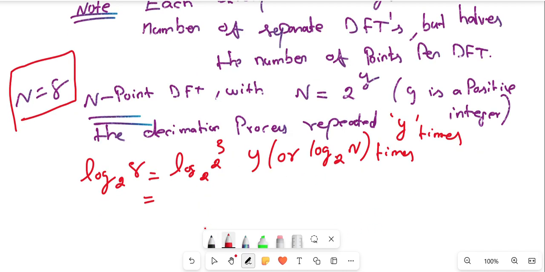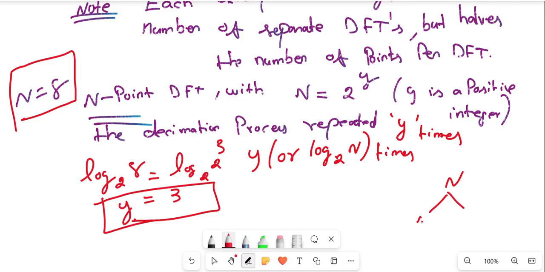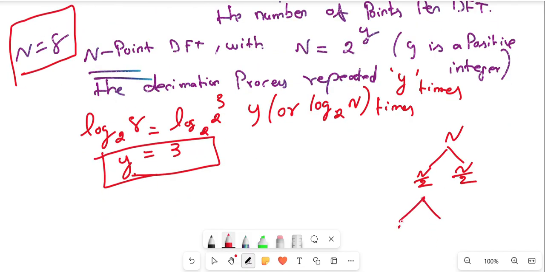So the decomposition is 3 times, 3 stages. N by 2, n by 2; second stage, n by 4, n by 4, n by 4 and n by 4. 8 point, 4 point, 2 point.